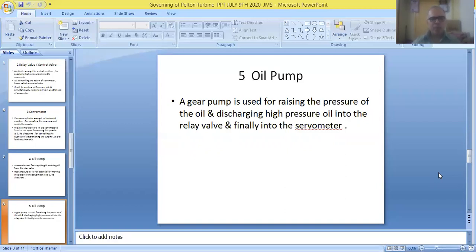So pumping of oil is very essential. High pressure oil is very essential for operating the servometer. So a gear pump, a hydraulic pump, is used for raising the pressure energy of oil and for supplying high pressure oil into the first cylinder.